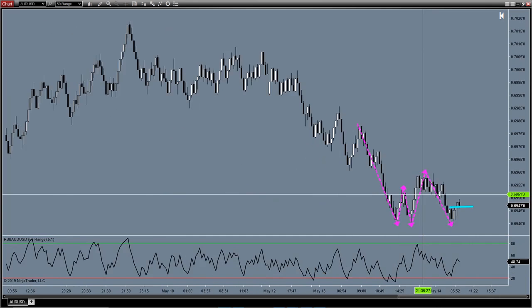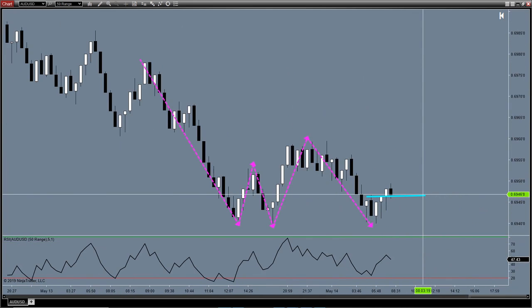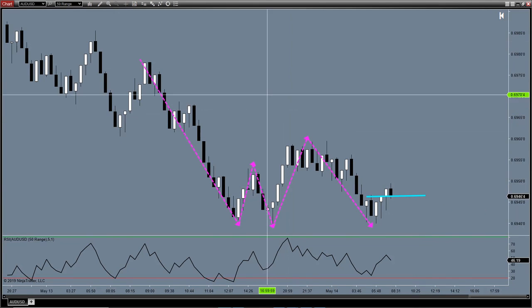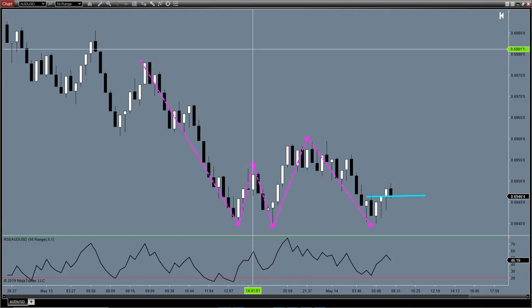Now, the question you're asking yourself is, Akil, why aren't you interested in this trade? Any guesses on why I'm not interested in this trade? I'll give you a clue. IPDE. I see stops.